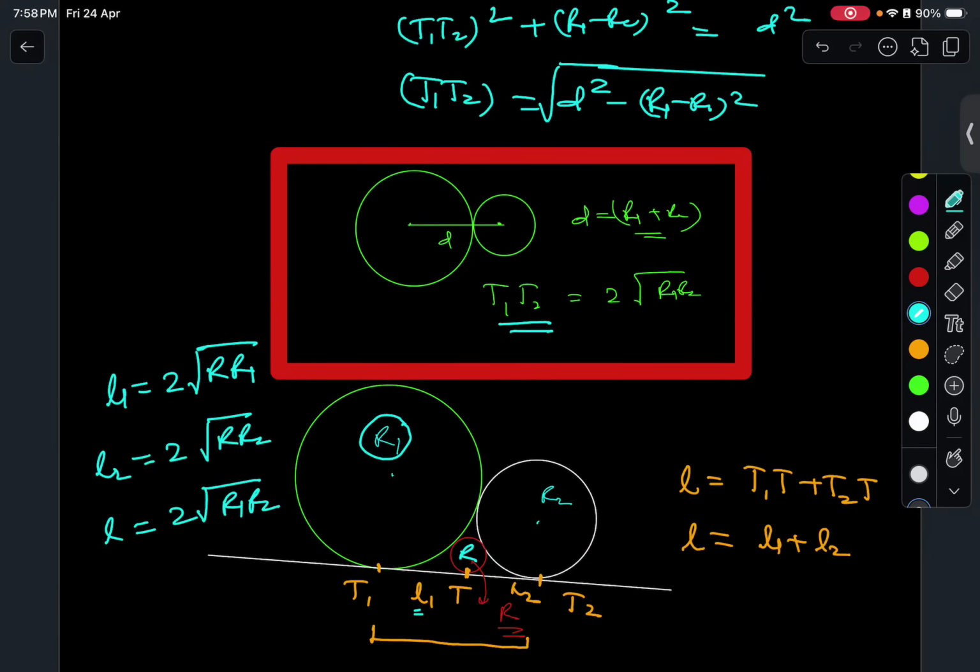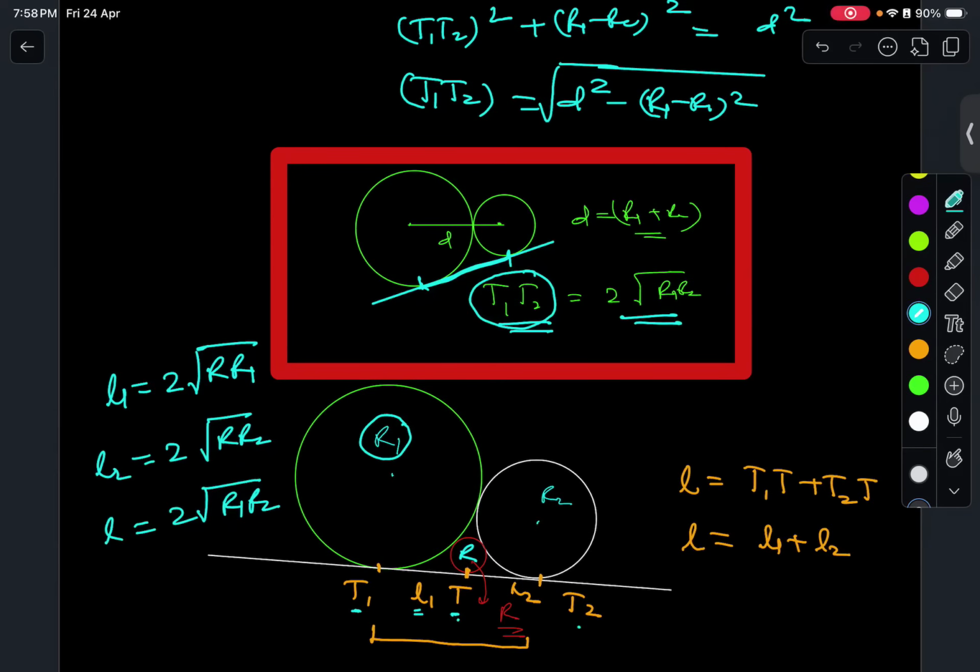These three things are there, right? Because we know that if two circles are there and this is the tangent line touching them, then T1T2 is given by this formula. The same formula I'm using for T1 and T, then T and T2, then T1 and T2.